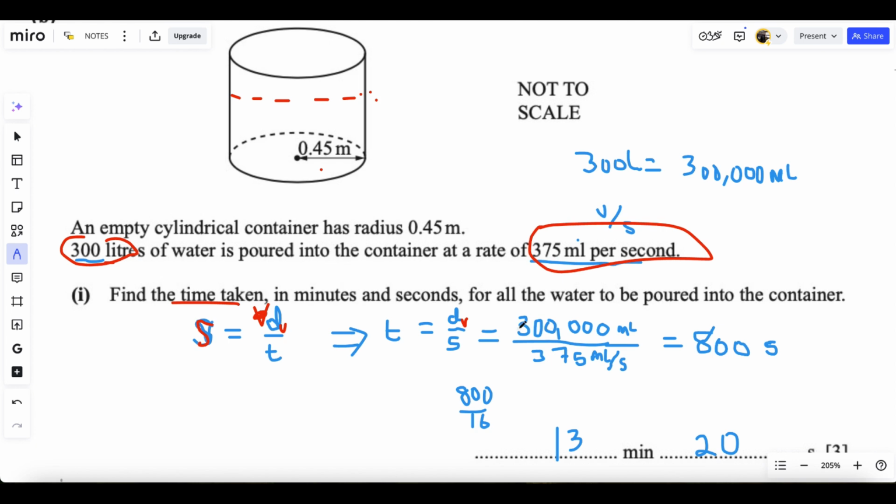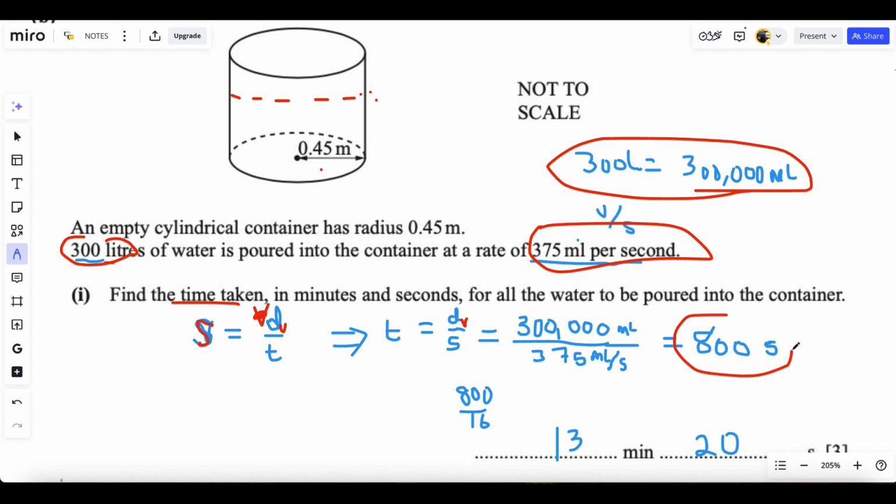So 300 liter times 1,000, I'll get 300,000 milliliter, which is the distance the water covered, over the speed. The speed of pouring the water is 375 milliliter per second. So if you divide this by this, you get 800 seconds.